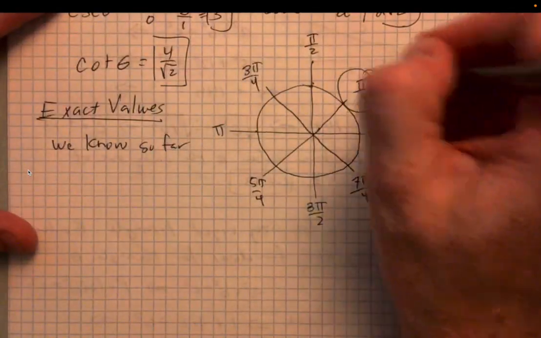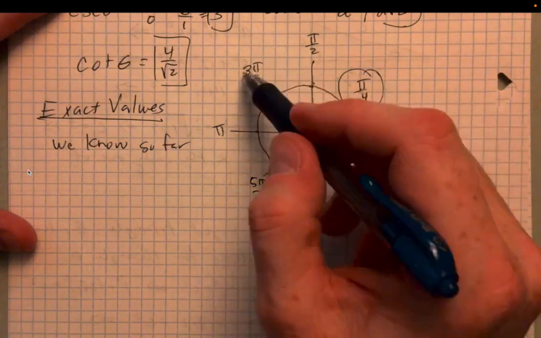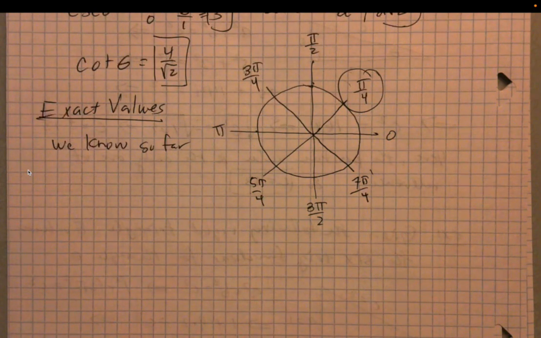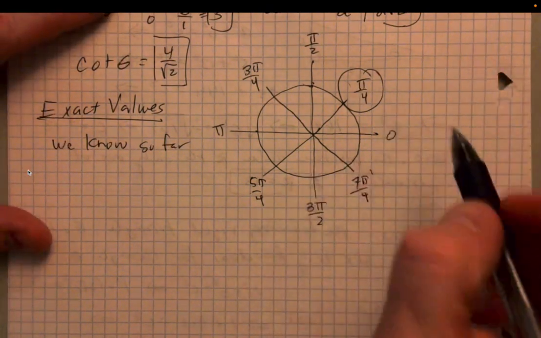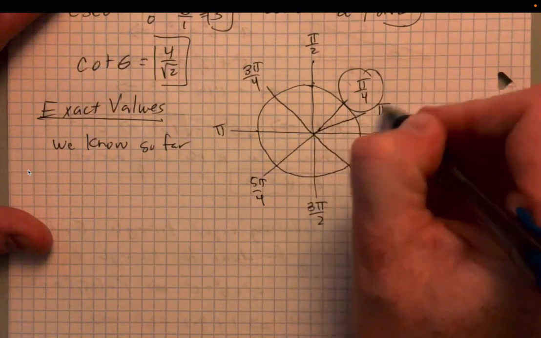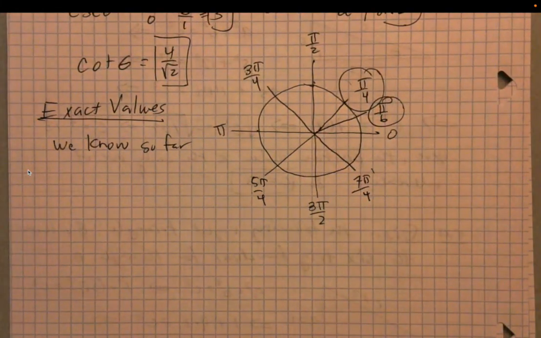We mostly figured out this one, but we said the exact same reasoning could be applied to get these other three. Okay, and so now what we want to do is we want to look at pi over 6. Okay, and so pi over 6 is 30 degrees, so it's actually right about here. Okay, so we want to figure out pi over 6.